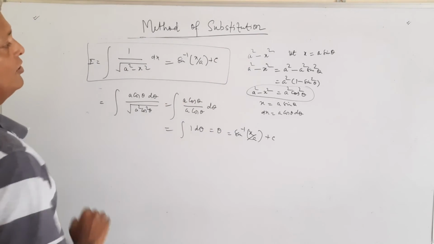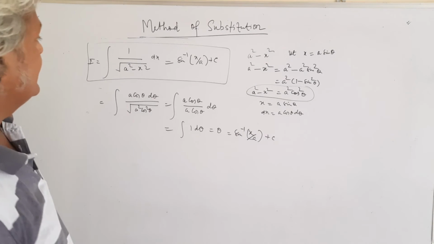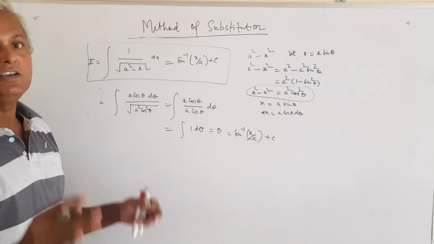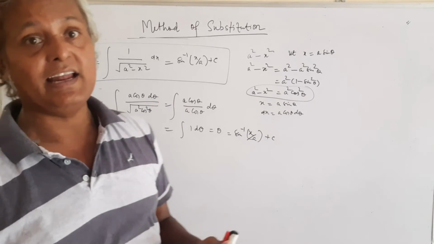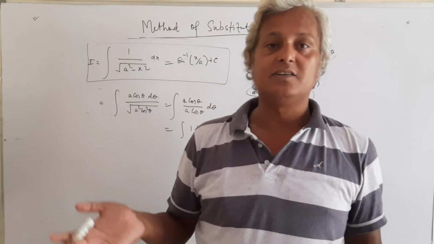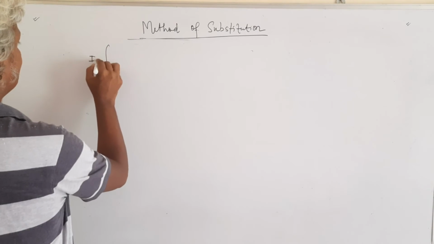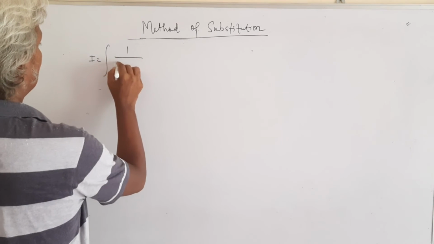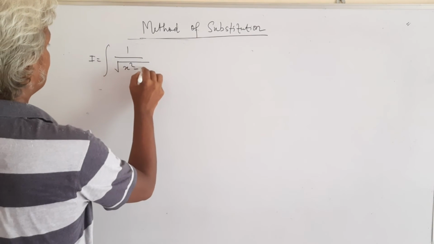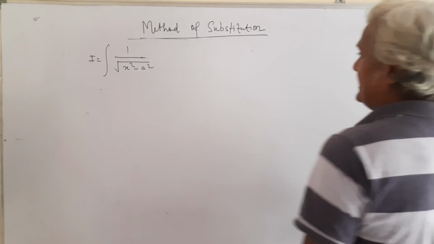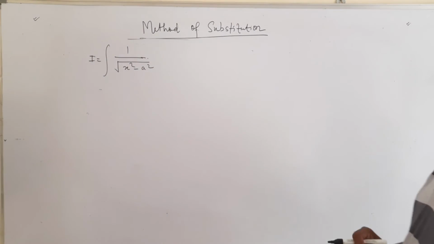Now we have to go for one more standard form, and that is 1 over square root of x square minus a square. So let me clear the screen, and then again I am going to write that standard form. Okay, now this is the standard form: I is 1 over under root x square minus a square. So you know that in trigonometry sec square theta minus 1 is tan square theta.